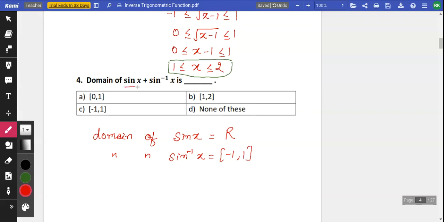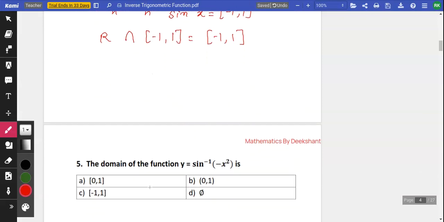The domain of the overall function is the intersection of both domains. Intersection of both domains becomes minus 1 to 1. So the correct answer is option C.